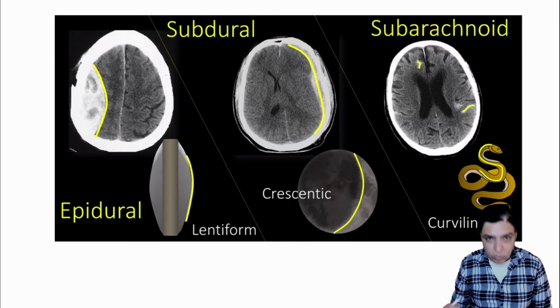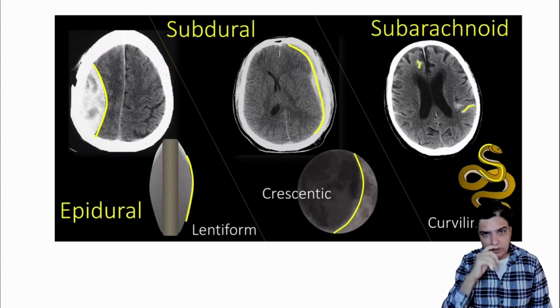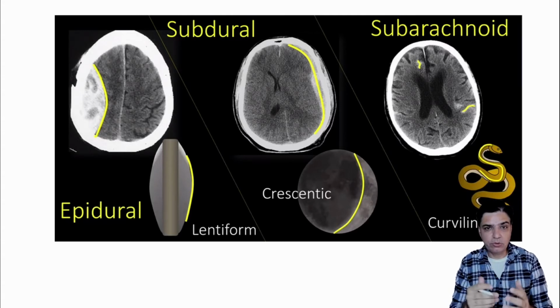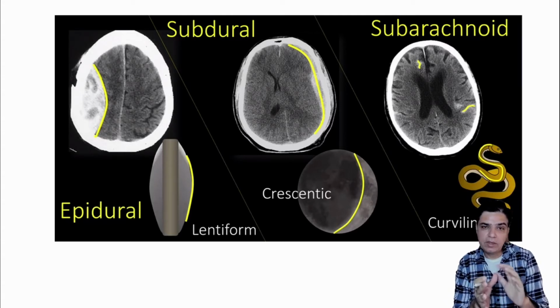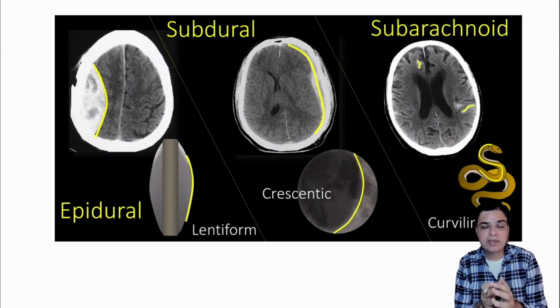Fine. So how do these bleeds look on a CT brain? Now, the extradural space, as I told you, is the space between the inner side of the skull bone and the dura mater, and the dura mater is just like a buffer jacket. If there is a bleed, which usually happens in gross trauma to the skull, like road traffic accidents, it is usually accompanied by a skull fracture.